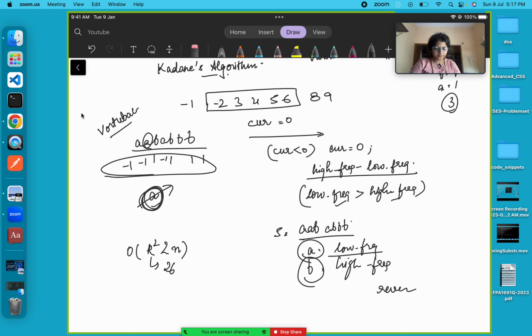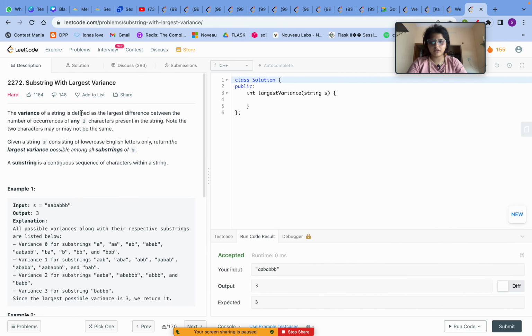Okay, I think you got the solution. I think the confusion will be what pairs I'm talking about. Here you can choose only two variables. Suppose a c b b, then you need to count only two variables. So let's see the solution.